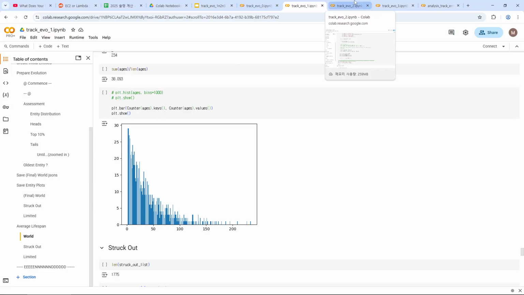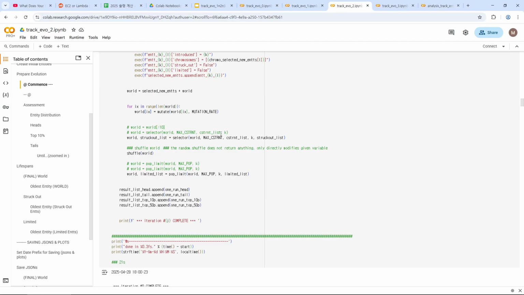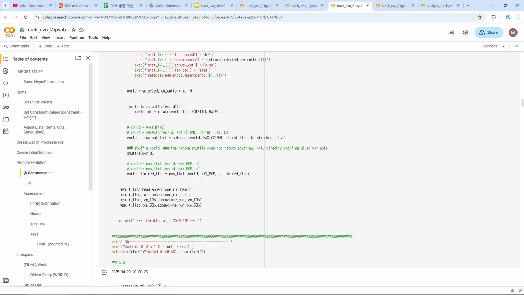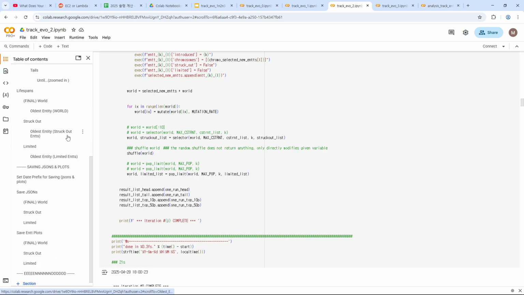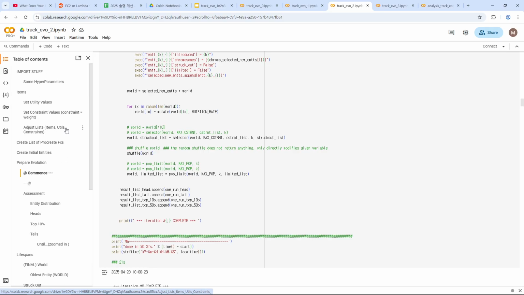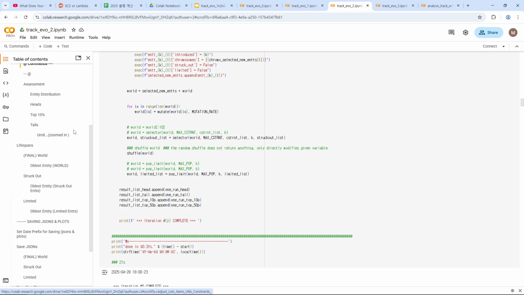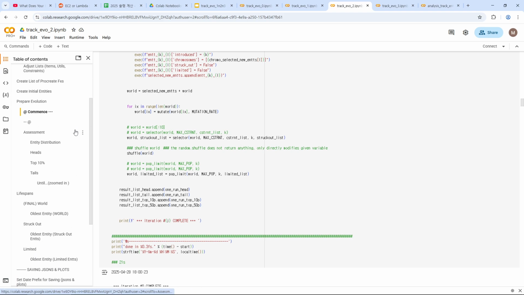So what I did next is track evo 2 in this notebook. All I did in this notebook, for me to work better, is streamline the procedures.